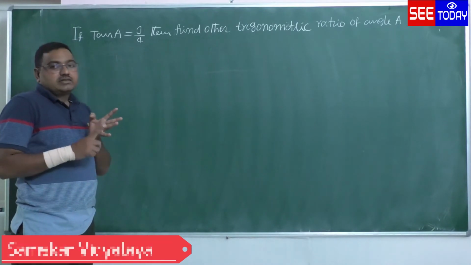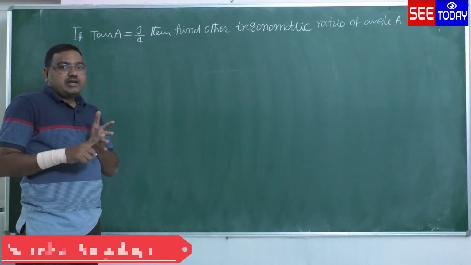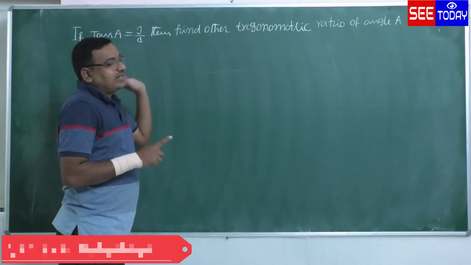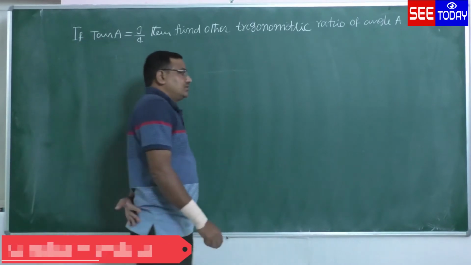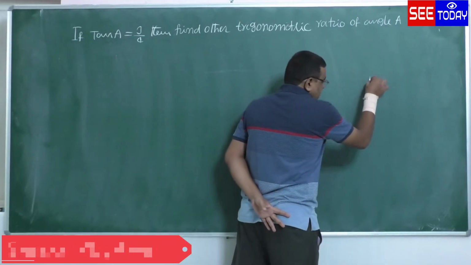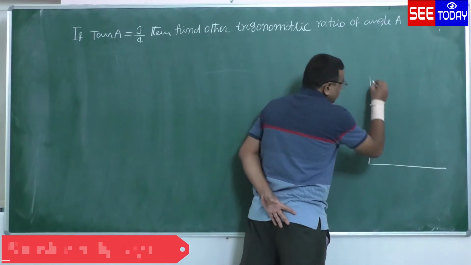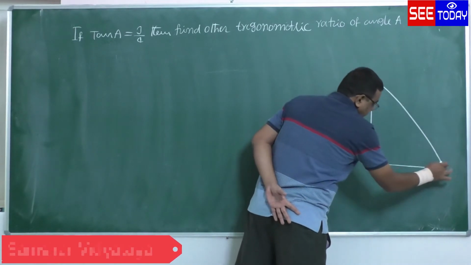What are there? Sin A, cos A, tan A, already tan A given. Cot A, cosec A, sec A. Let us see how to do it. First, you can take one right angle triangle.